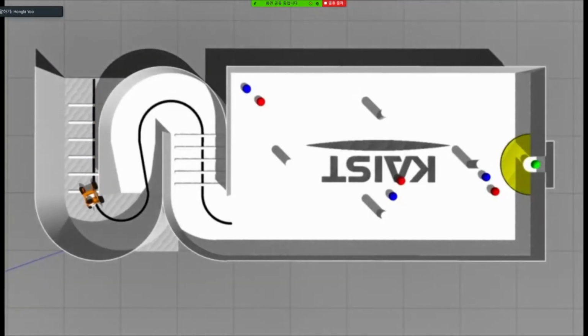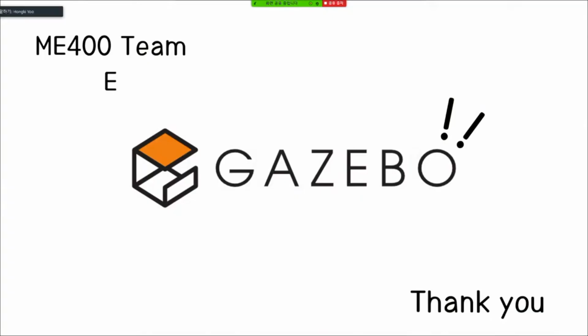Like I said before, we made many algorithms for unexpected conditions. So the robot can do those hard cases. So this was Timmy, and thank you for listening.